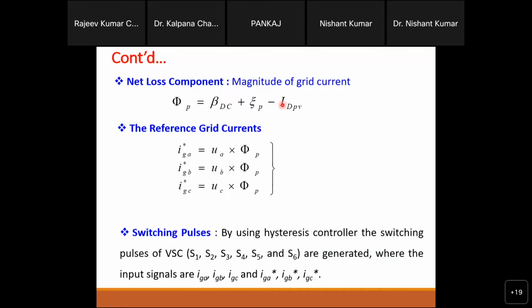So PV power current minus DC link loss minus load is equal to the grid. Initially I told that, but here you will see it is not like that. It means here these are loads minus generation. Both are loads, right? So this is for the DC link loss, and this is for the load.